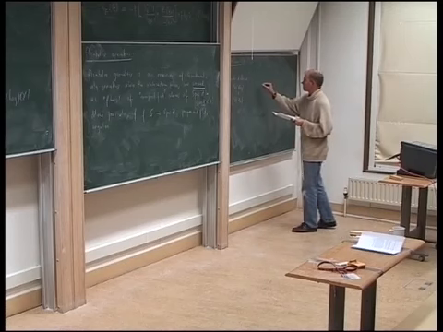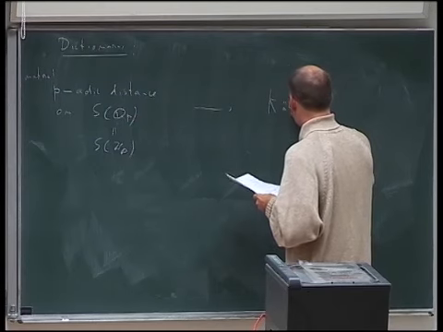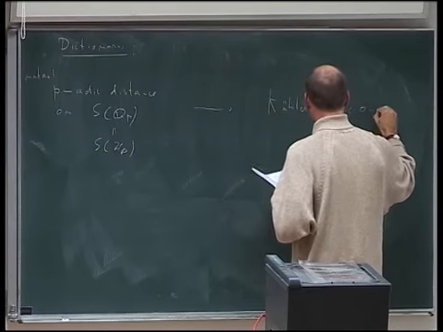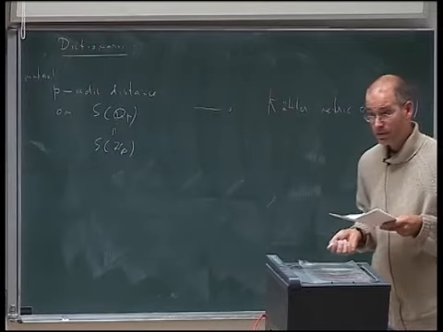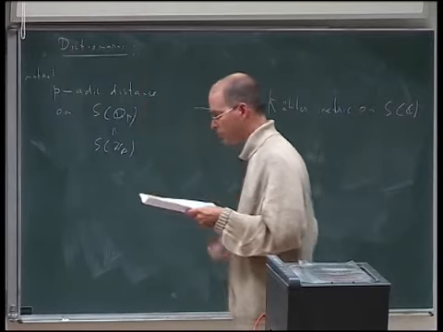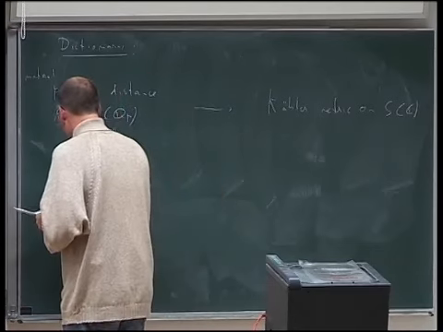So this becomes a Kähler metric on the complex points. You see that from the start it's very analytic. This Kähler metric should then morally play the role of the p-adic distance.